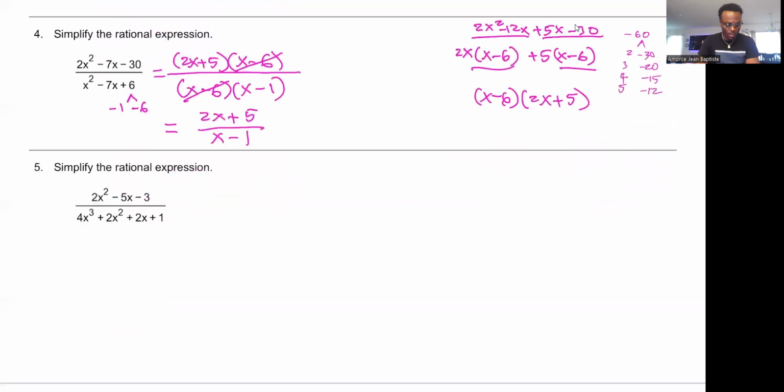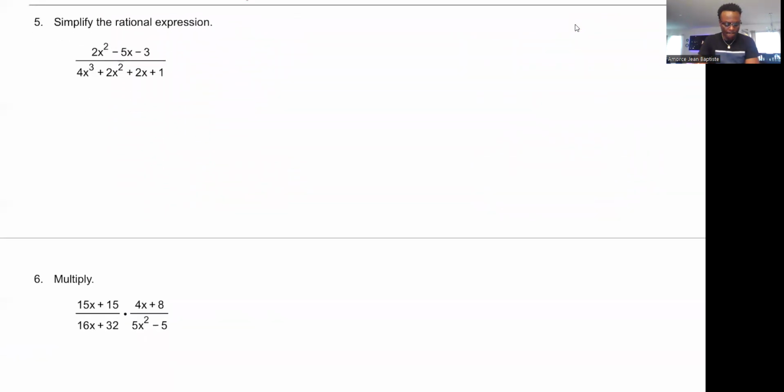So next problem. Simplify the expression. You remember that when you simplify, the first thing to do is to factor completely, and after you factor completely, then you can simplify the common factors. So what do you do here on the numerator to factor?